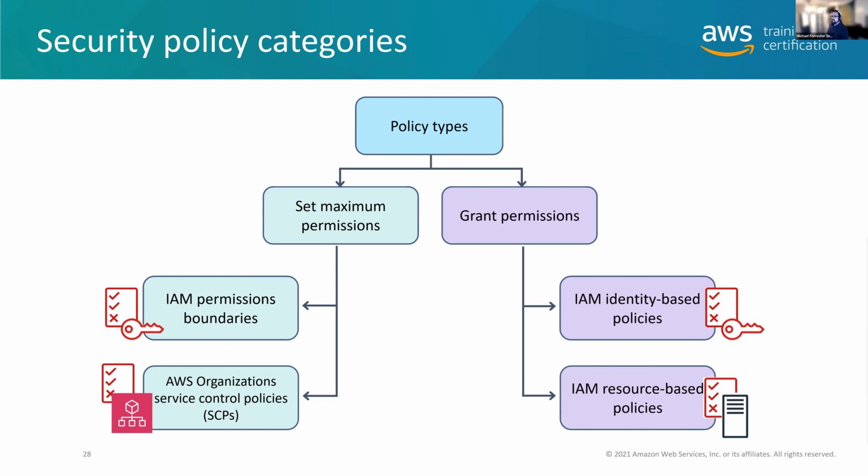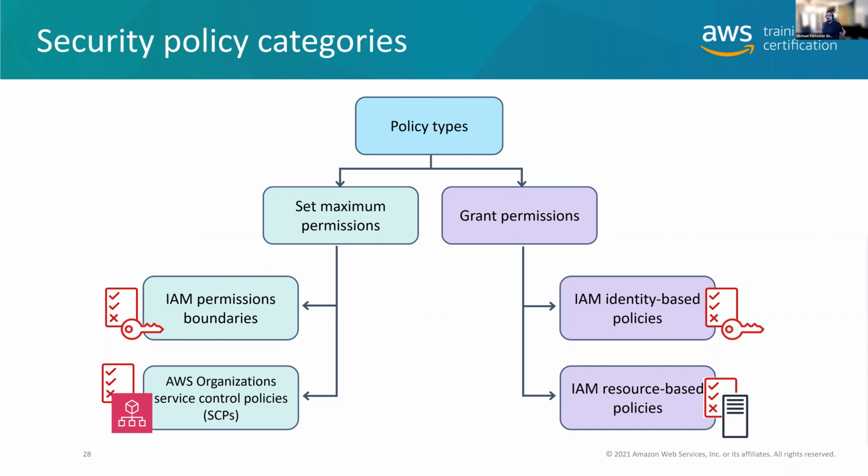I think OpsWorks does the same thing. SNS and SQS will also allow you to assign what's called resource-based policies. They look very similar to identity-based policies, but they also have a username in there. So you can define which users can get access to your S3 buckets or which users can touch SNS as an example. That's all on the I want to grant permissions.